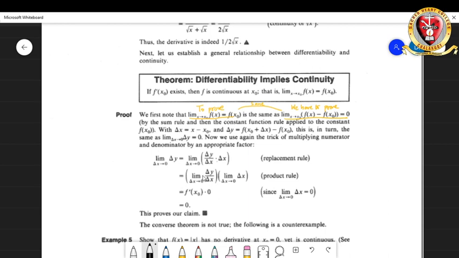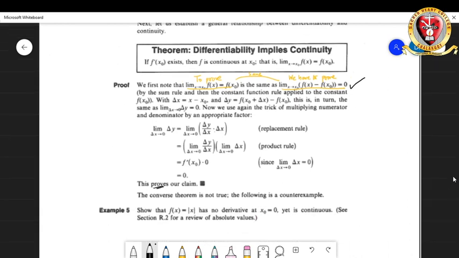And we have defined this to be f dash of x naught. So this is f dash of x naught, and you know that limit delta x tends to 0, delta x is equal to 0. So you get limit delta x tends to 0, delta y is equal to 0. So what did we obtain now? We obtained this. So we have proved our claim.